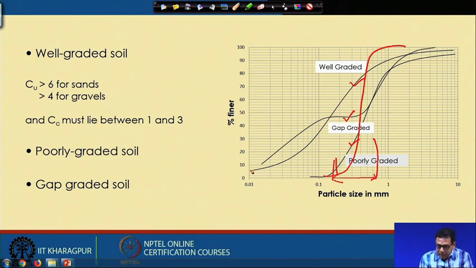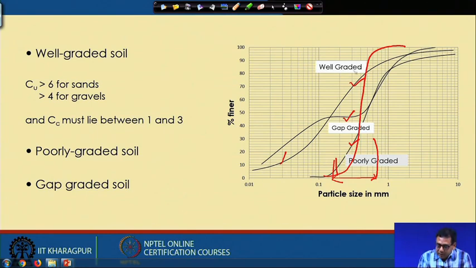So, that is called the poorly graded soil. Another one, you can see in this particle size curve or grain size distribution curve that all particles are uniformly present in the soil. It is not that one particular particle size is excessively present.